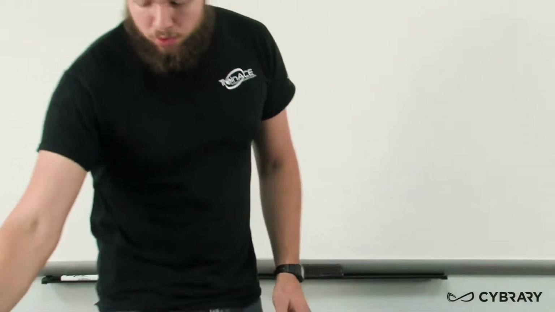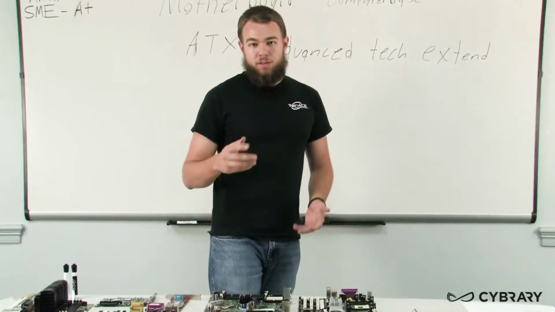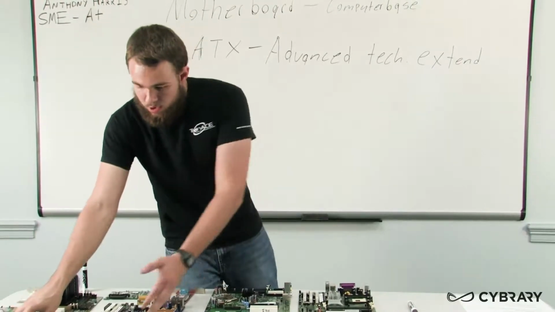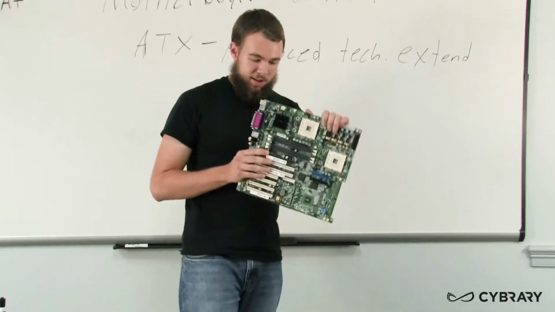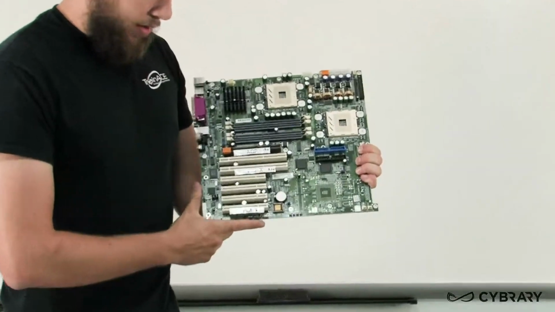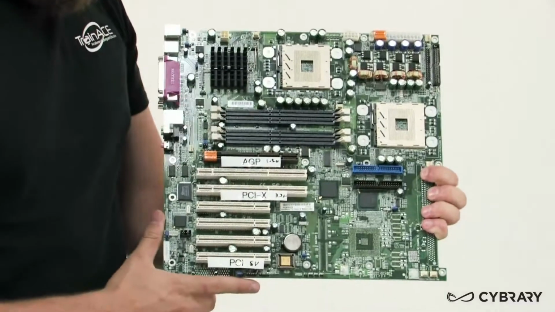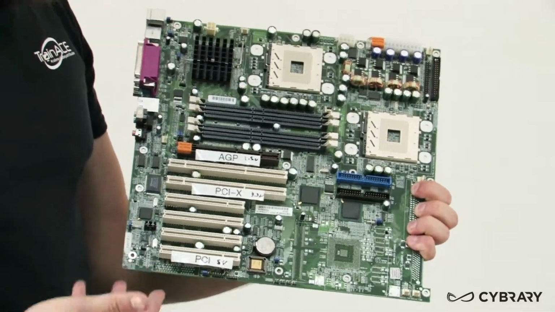One more ATX board, which isn't required according to the curricula for the A+ exam, but we have here, so we'll take a look, is our ATX Extend. Now this is going to be bigger than our standard ATX board, but it's a little bit easier to navigate our way around and to see what's on here.